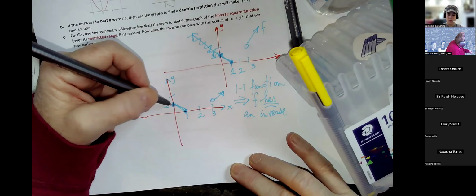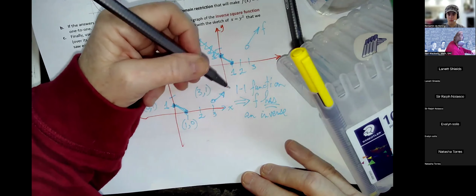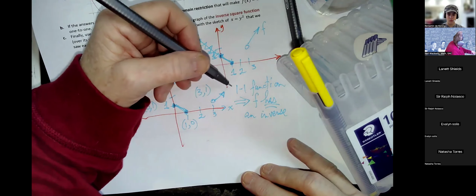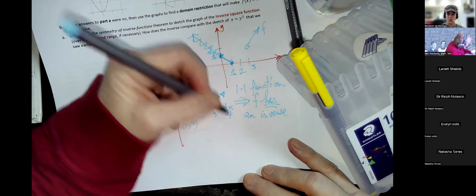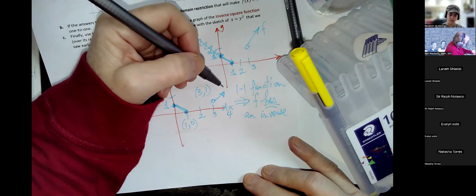And we've got one more point given. 3, comma 1. And let's assume that the slope of this line is 1, so that at 4, what would our point be? 4, comma 2. Very good. Okay, so those are all points on F.